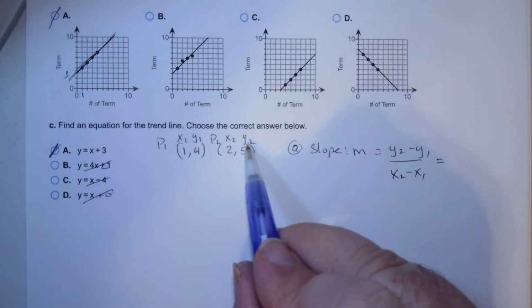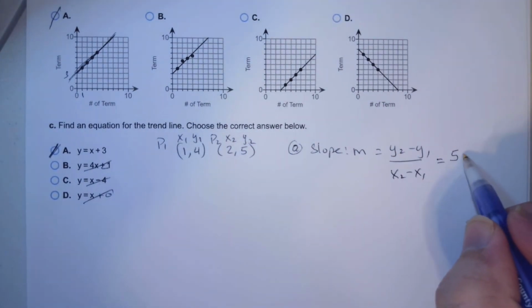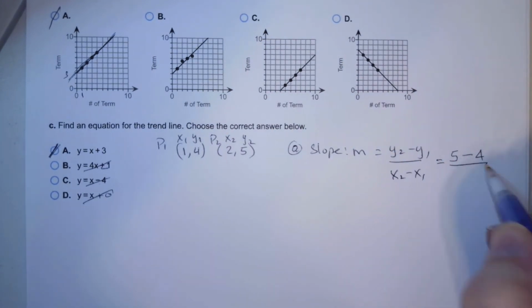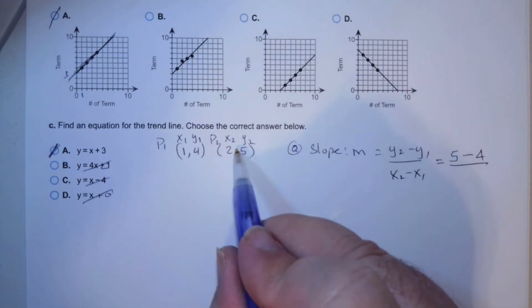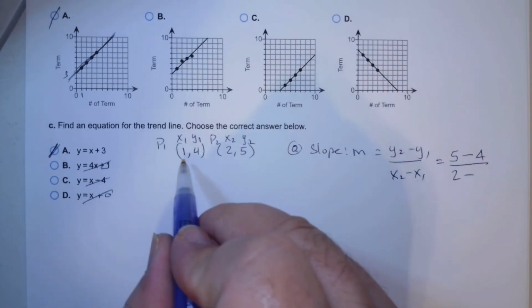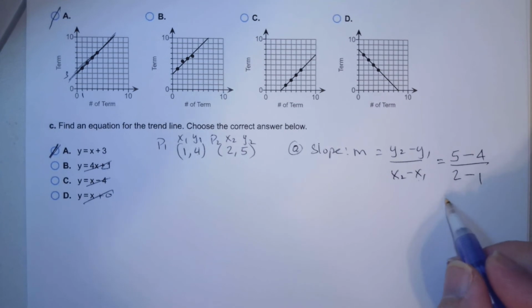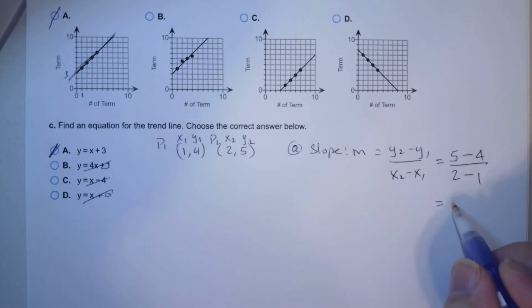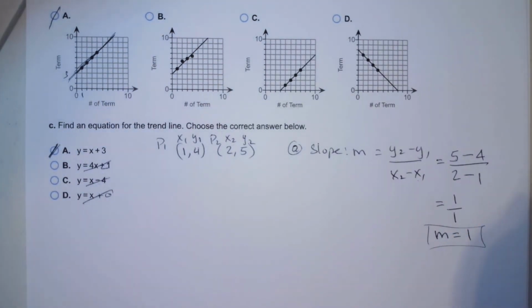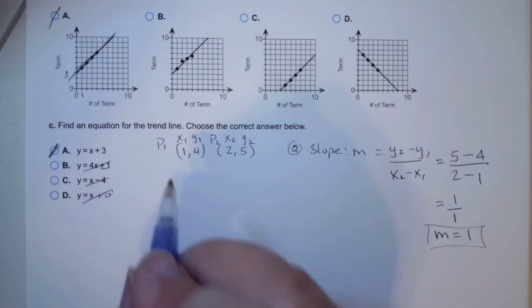So y2 is 5, y1 is 4, x2 is 2, x1 is 1. 5 minus 4 is 1. 2 minus 1 is 1. So the slope is 1. And that's what the question says. It says the difference is 1. So we have our slope.